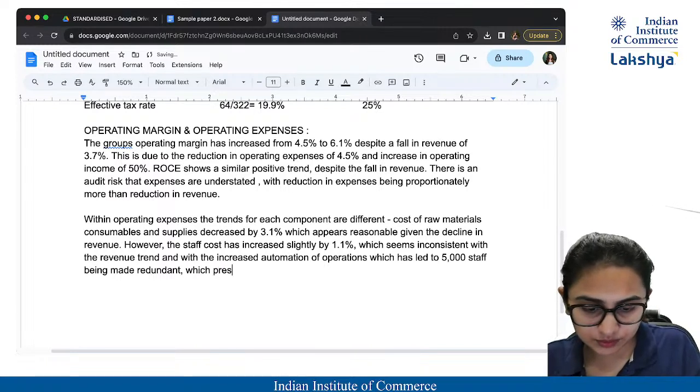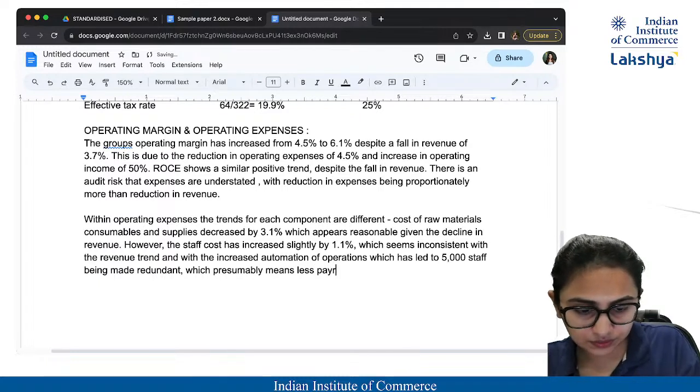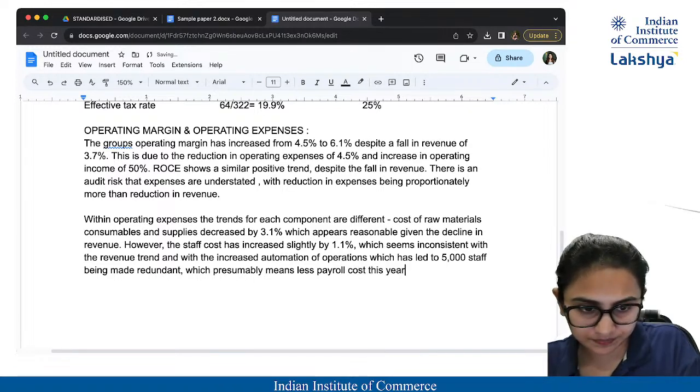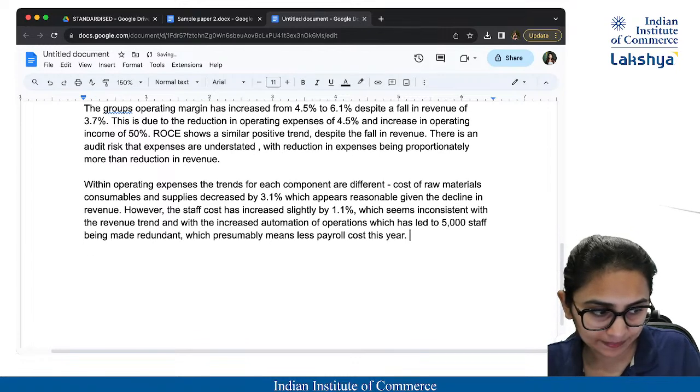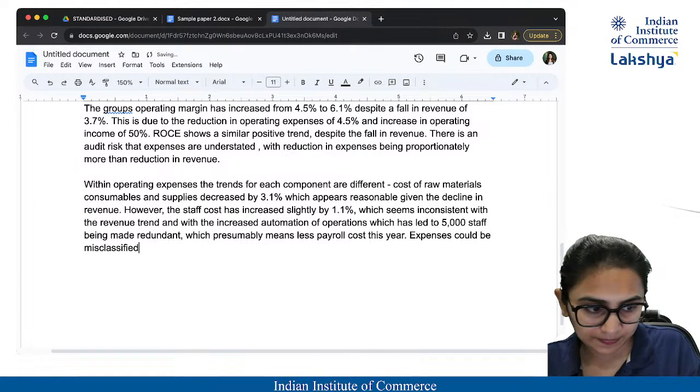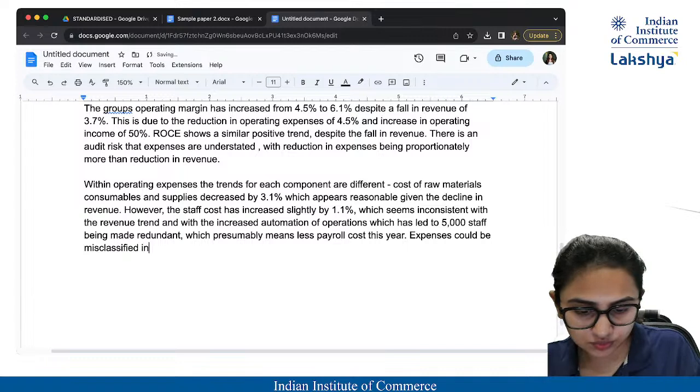Which presumably means less payroll cost this year. Expenses could be misclassified into staff cost in error.